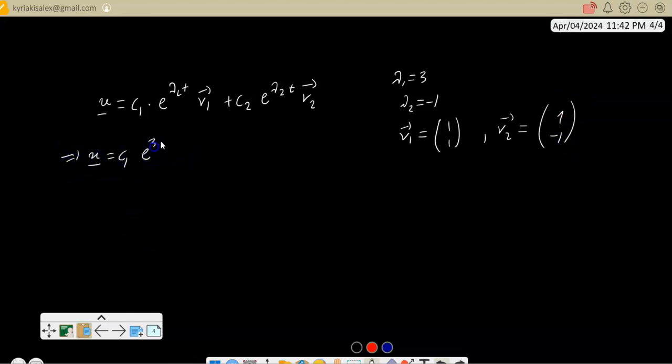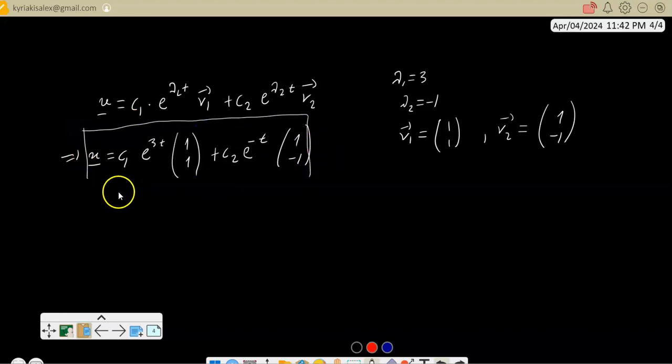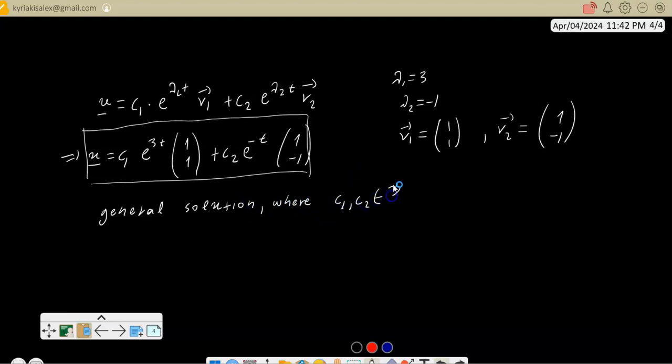So C1 e to the power of 3 times t times my first eigenvector, plus C2 e to the power of minus t times the second eigenvector. This is my general solution, where these two coefficients are real.